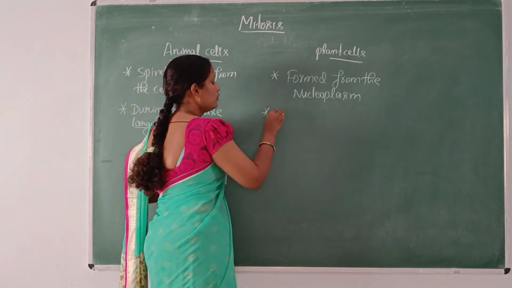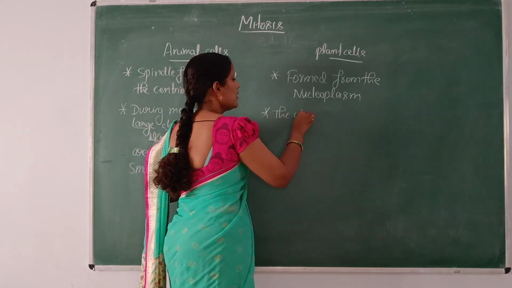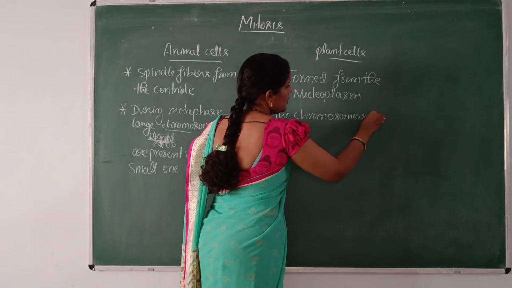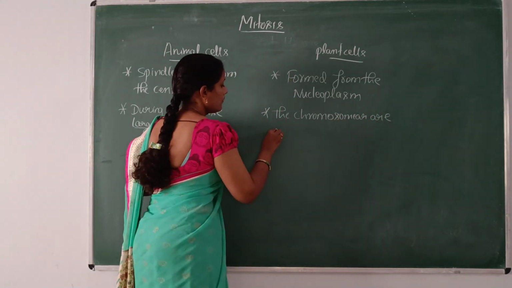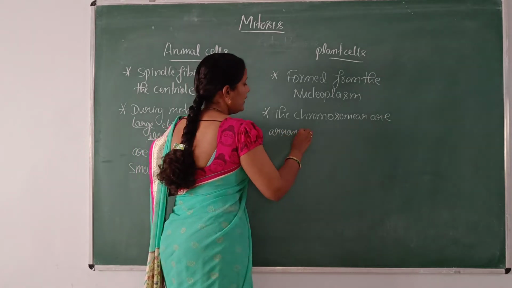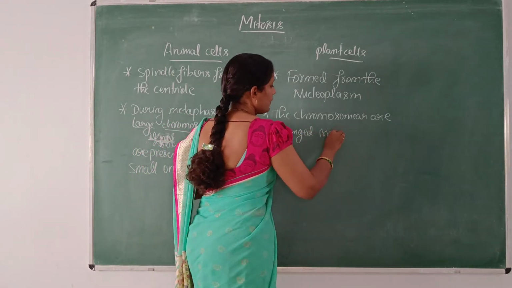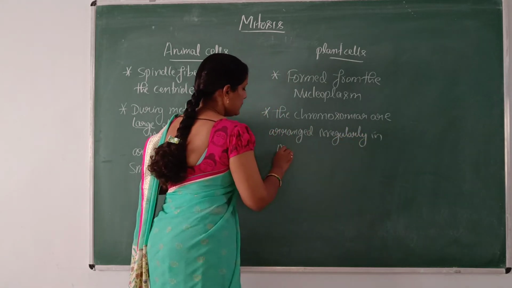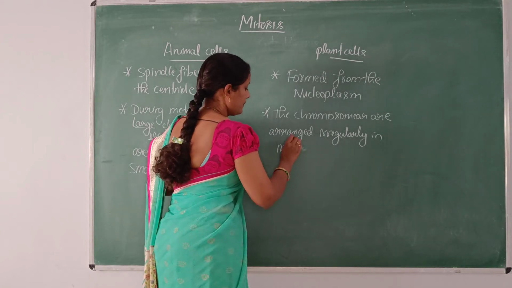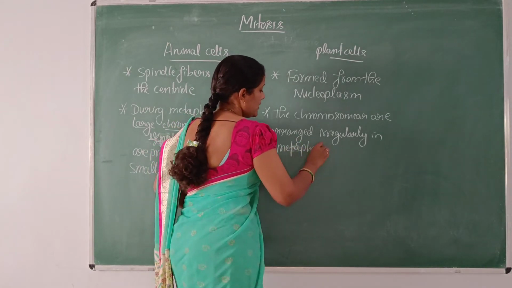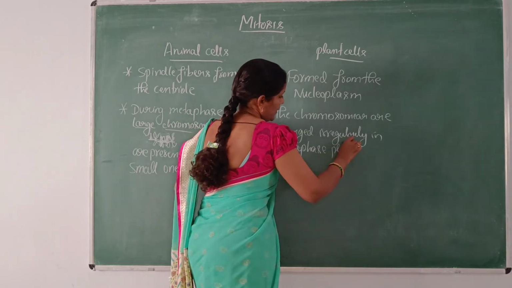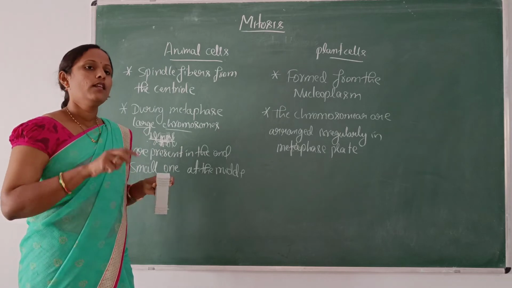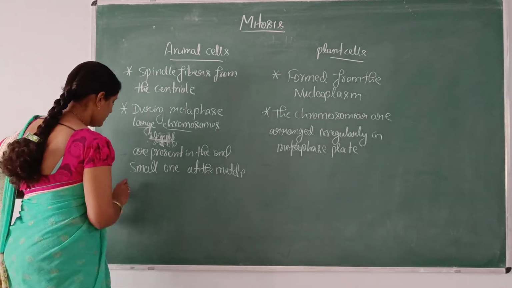Whereas in plant cells, the chromosomes are arranged irregularly in the metaphase plate. There is no such thing as larger chromosomes and smaller chromosomes; irrespective of their size, they are arranged in an irregular pattern.